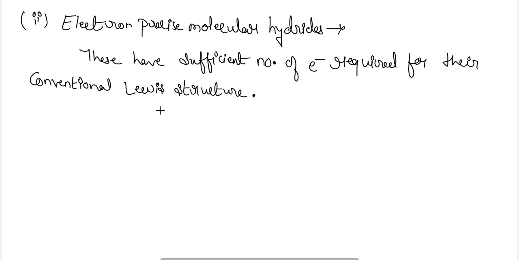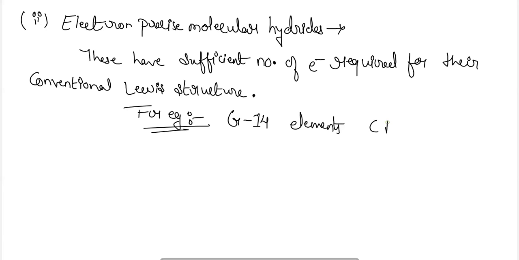For example, the group 14 elements, such as CH4. In the structure of CH4, 8 electrons are there for carbon and 2 electrons for each hydrogen.